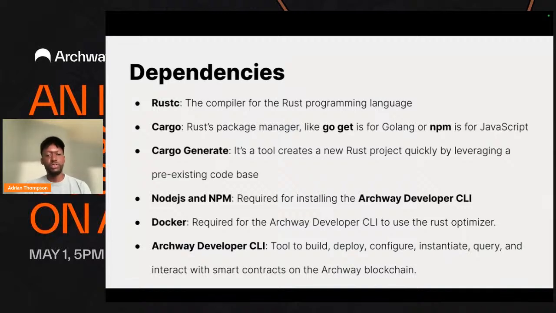And if you're going to be using Archway Developer CLI, you'd also need Docker, because Docker is required for compiling your contracts, because we use what's called Rust Optimizer. Well, we use a version of Rust Optimizer called the Workspace Optimizer, which is dependent on Docker in order to compile your contracts. This allows you to have multiple contracts within one project, and then it compiles all those contracts into one.